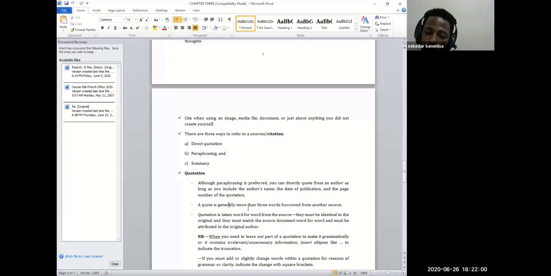Actually, this is not a strict rule, but if you take more than 3 words directly from others' material, you have to put it under quotation.